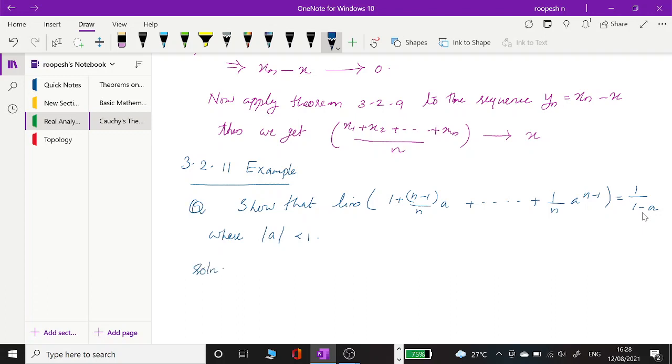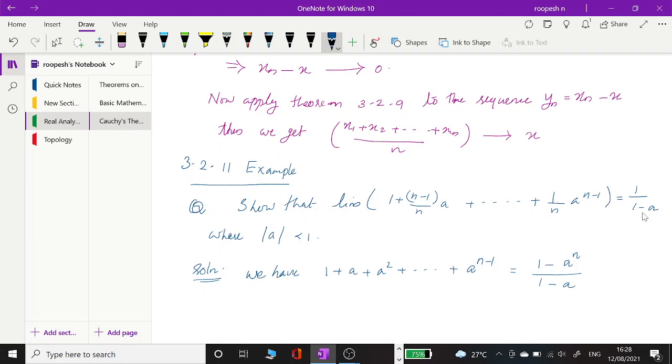Now the solution. First of all, we know the geometric progression for this, right? First we write that one. So 1 plus a plus a square plus etc. plus a raised to n minus 1 should be equal to 1 minus a raised to n, divided by 1 minus a.